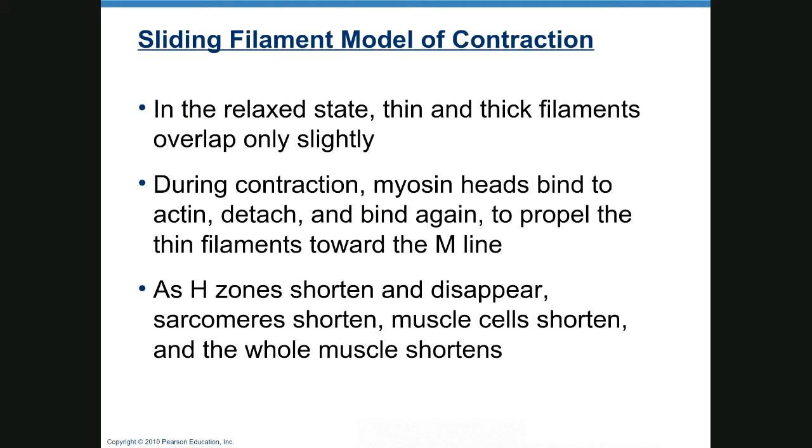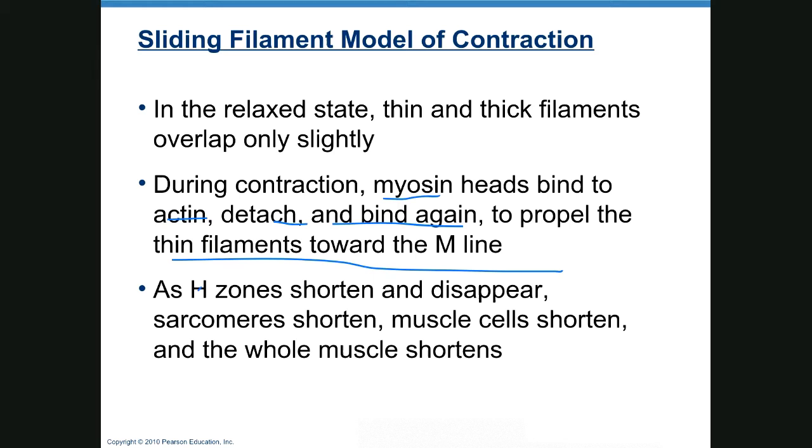Sliding filament model of contraction. In the relaxed state, thick and thin filaments only overlap slightly. During contraction, due to the calcium coming in and moving the troponin and tropomyosin, myosin heads bind to actin, detach, bind again, so they propel towards the center, towards the M line.